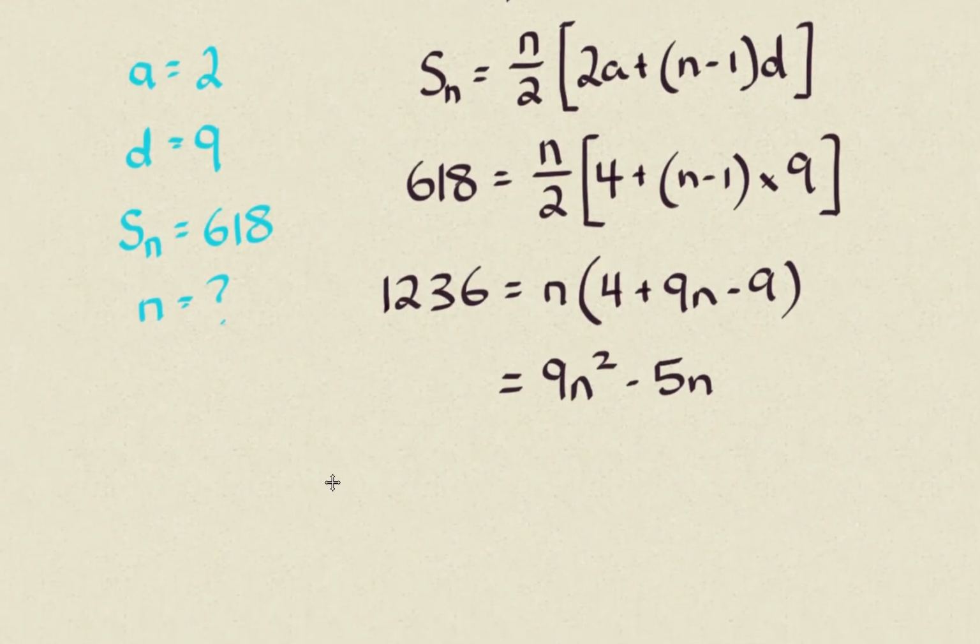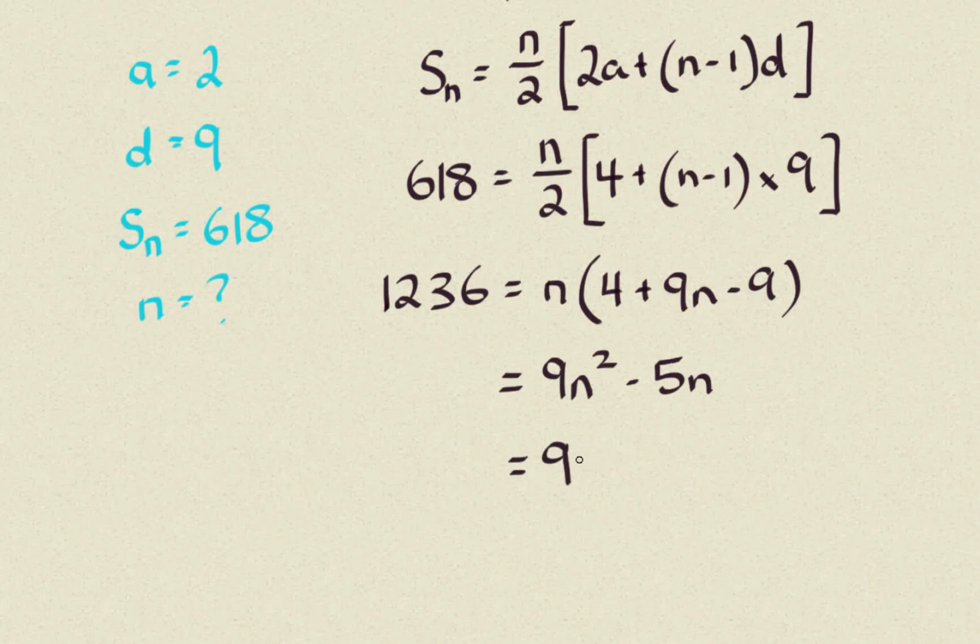Giving ourselves a bit more room here. This is a quadratic. So let's set this quadratic, all the terms on the left hand side, and well, for now let's move the 1,236 over to this side. Okay, but then of course we can do a little switcheroo if you like.